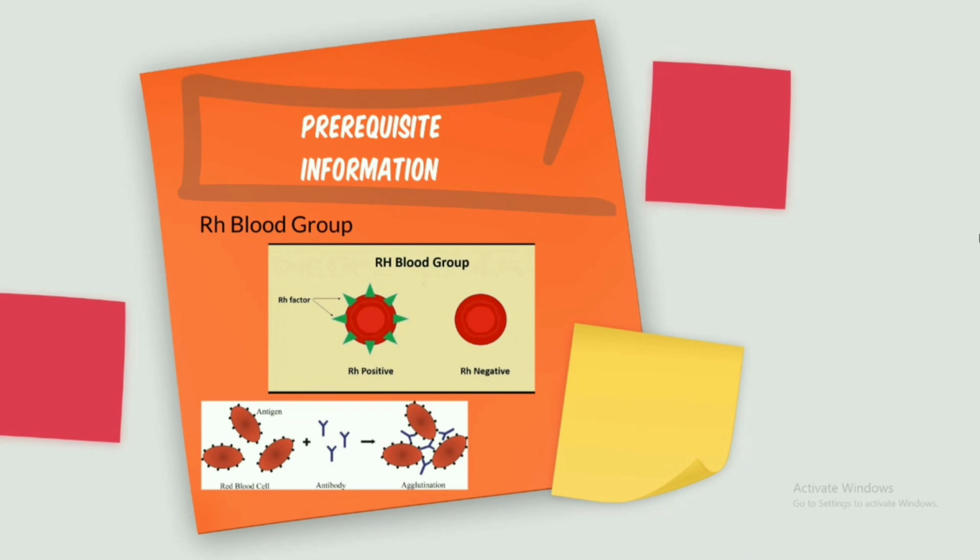Some B cells, after first exposure to Rh factors, change to memory B cells, so in the next exposures they will be activated and produce anti-Rh antibodies. Antibodies produced by plasma cells are from IgM class, but antibodies produced by memory B cells are from IgG class. It's one difference between them.